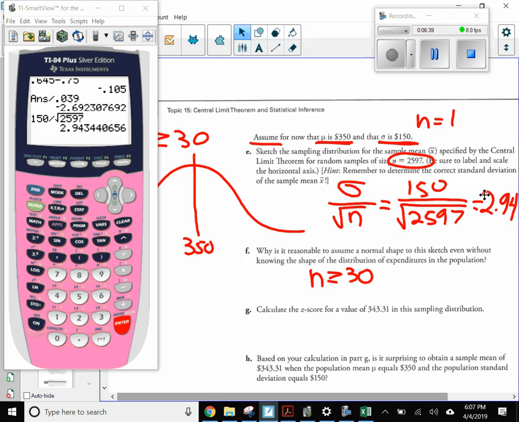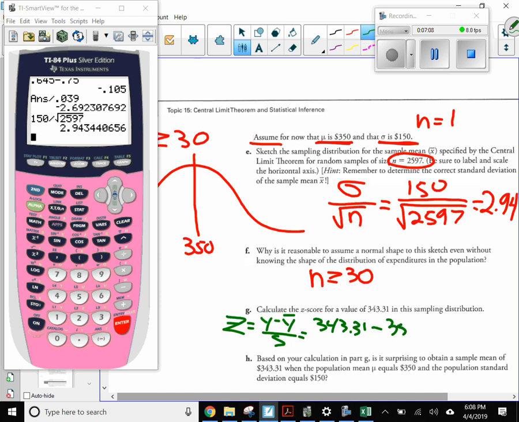All right, so it says calculate a z-score for a value of 343.31. That is our sample in this sampling distribution. Well, z equals y minus mu over sigma. So it's going to equal 343.31 minus, remember I use x bar and y bar kind of interchangeably, 350.